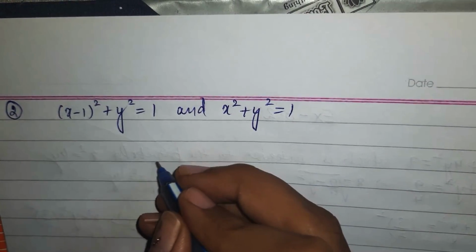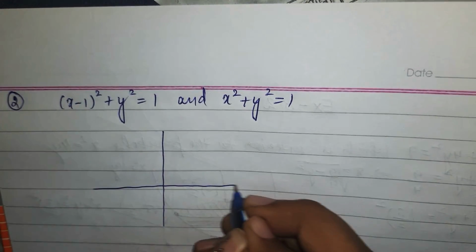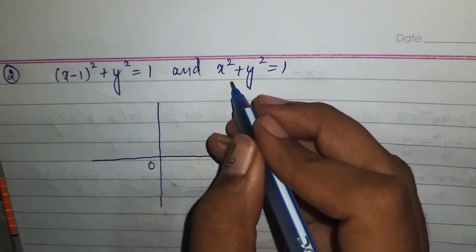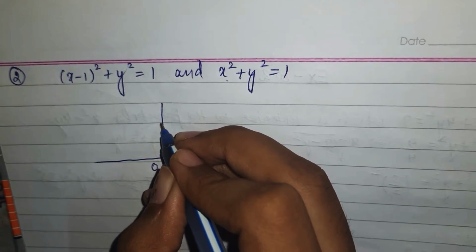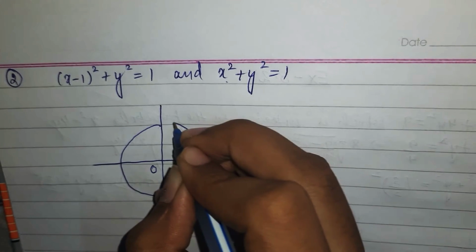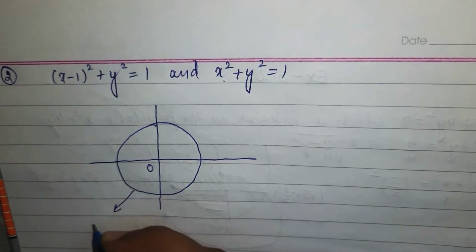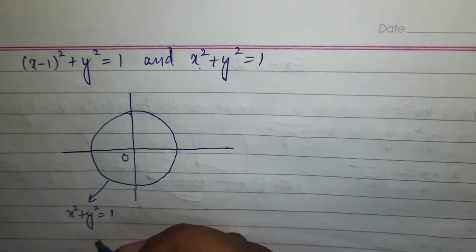So if I talk about circles, let's suppose this is your origin. Here the center is 0 comma 0. So if the center is 0 comma 0, you will be getting the circle x square plus y square, which is equivalent to 1.